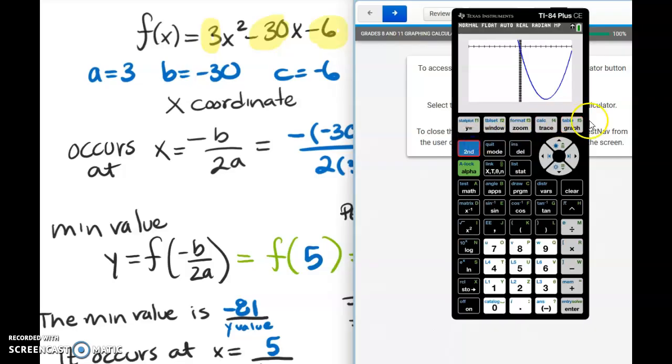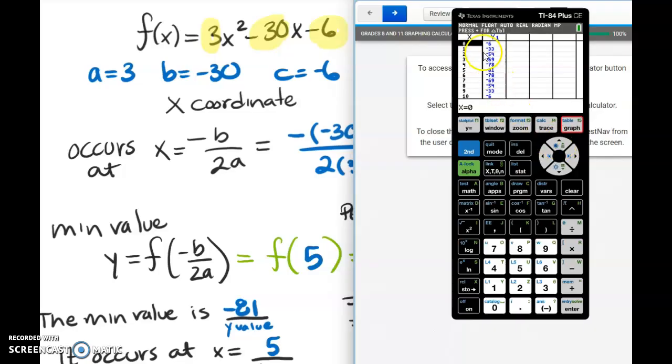And if you hit second table, you can also view those points. And I see 5, negative 81 is on there. And I see that the lowest y value is negative 81. No matter if I go this way, the y values get larger. And if I go this way, the y values get larger. So the lowest point occurs when x equals 5 at negative 81.